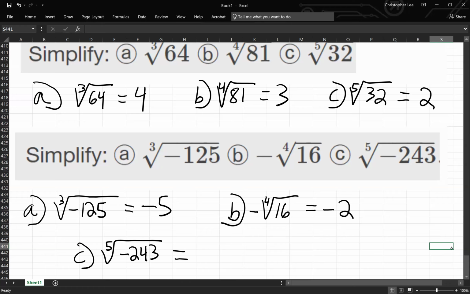So the fifth root of negative 243 is negative 3, right? Fifth root. Yeah. So it's because negative 3 times negative 3 times negative 3 times negative 3 times negative 3 is negative 243. That's how you get that.